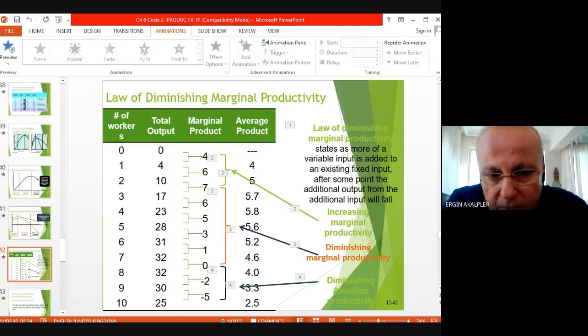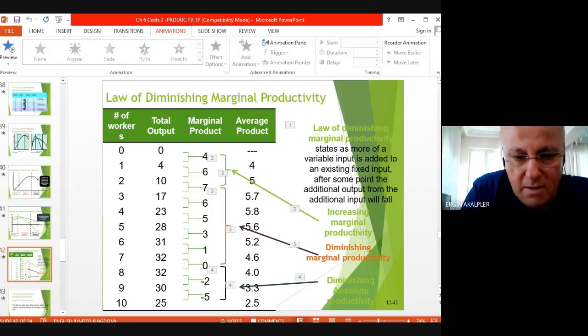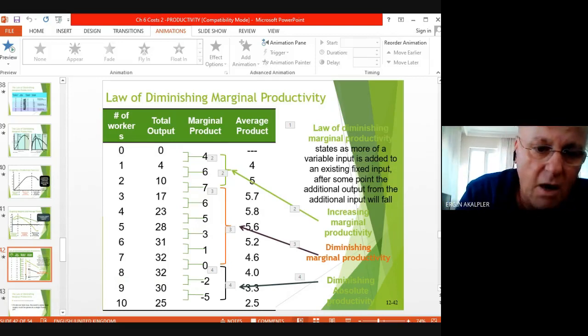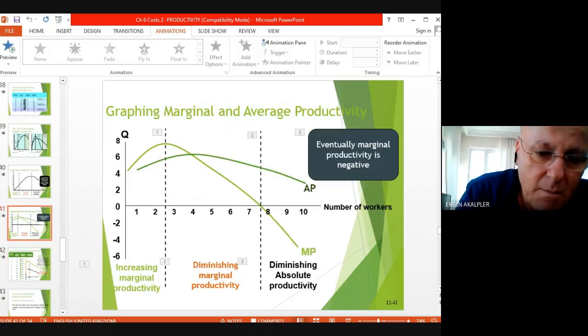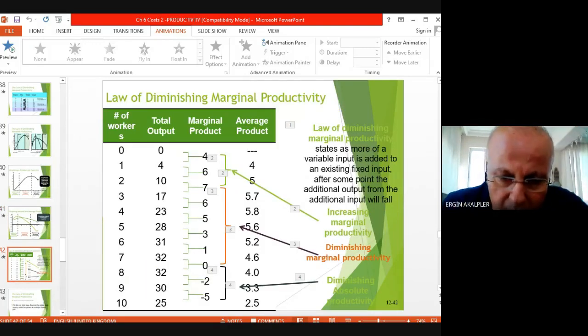And of course, you are observing here the average product also turns to a decreasing level, heavily observed in a given scenario. Therefore, after marginal productivity reaches the highest level, the increasing marginal productivity stops. And then after this top level, we are experiencing diminishing marginal returns. And then after 0, as you are observing here, it goes to the negative, where the diminishing absolute productivity is realized.